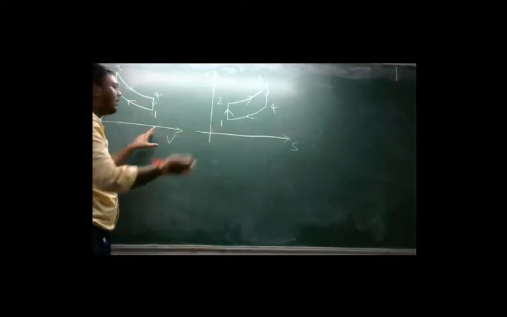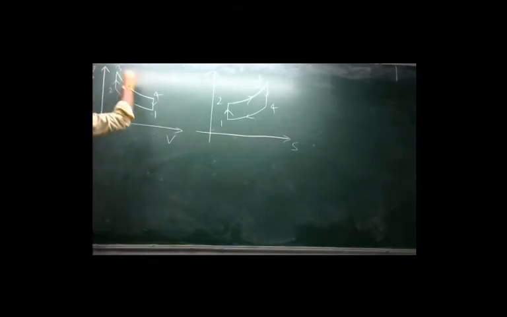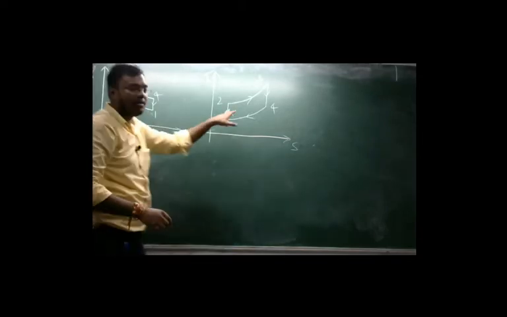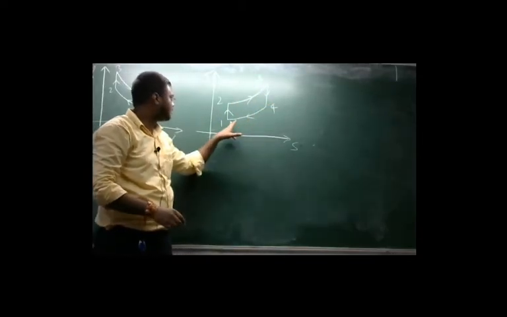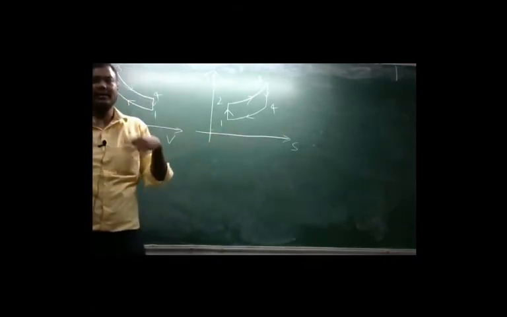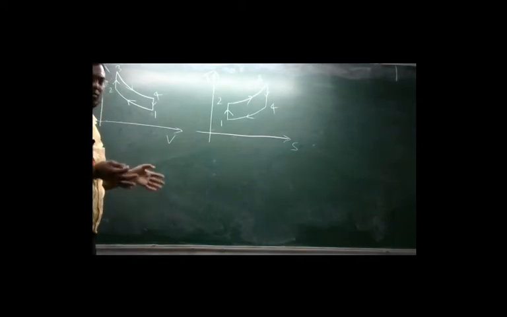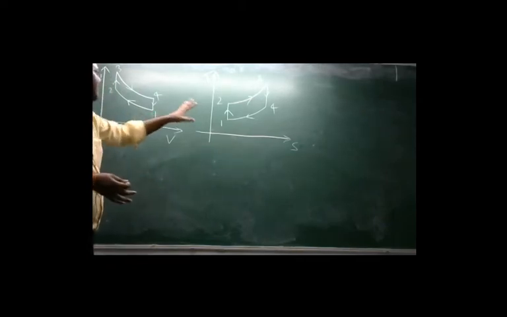Opposite. So 2 to 3 and 4 to 1 are straight lines on the PV diagram, but on the TS diagram they become curves. In this way you can remember these things, and it will become easy to draw the TS diagram from the PV diagram.